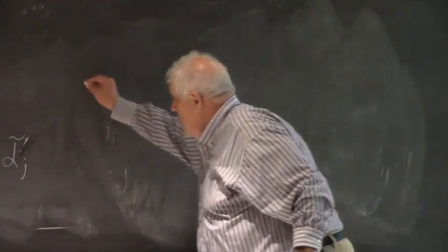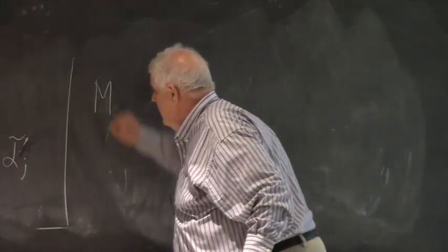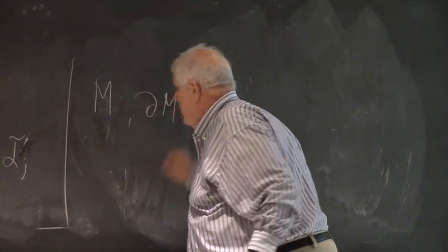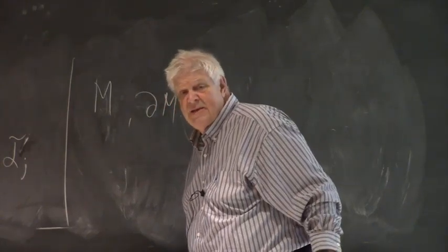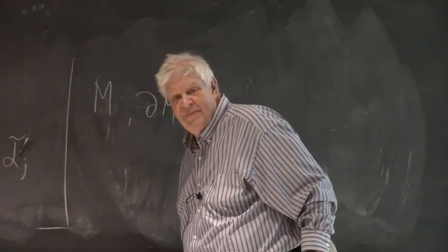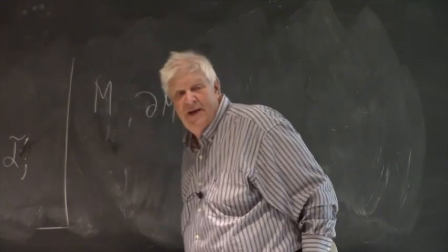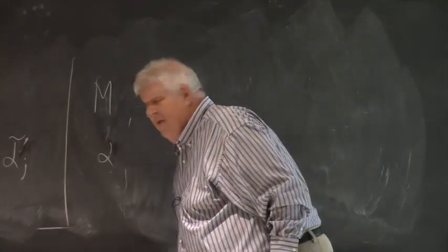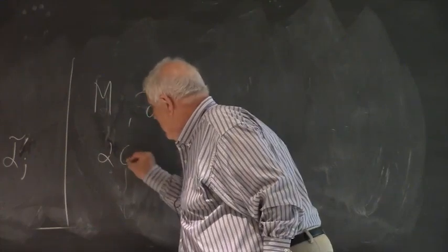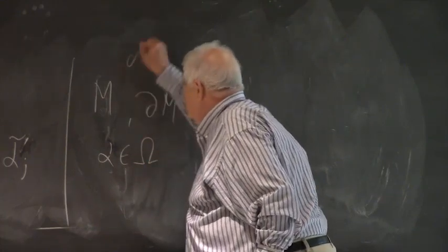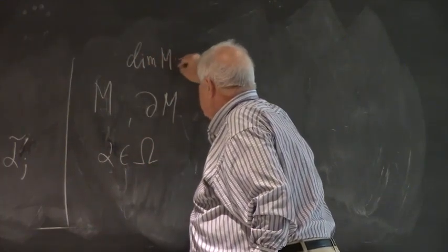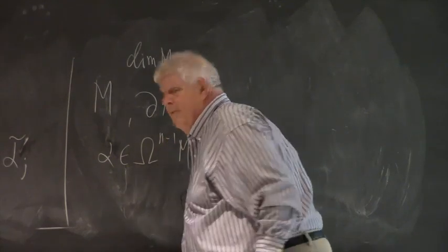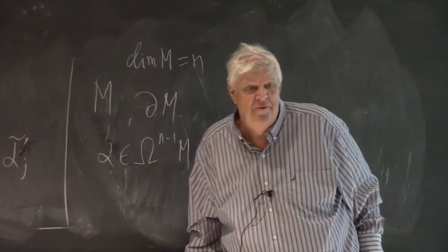Suppose that we have a manifold M with a boundary dM, and everything is, say, compact and oriented. M is oriented, dM acquires the orientation. Now, the dimension of M, as you can guess, is n. Let alpha be a form of degree n minus 1.